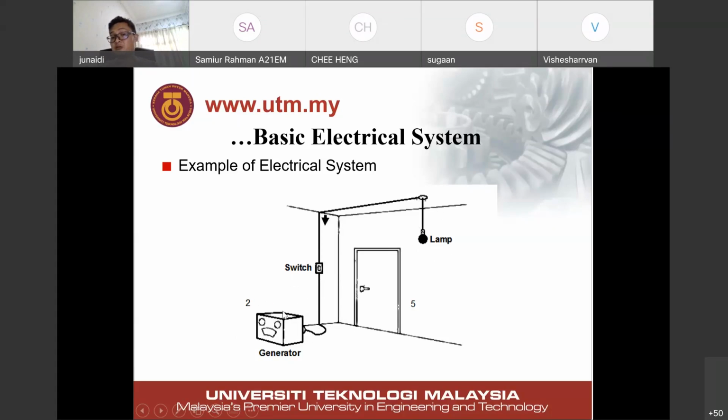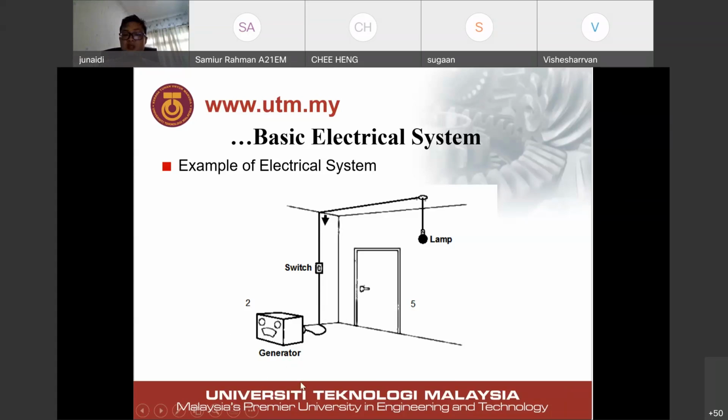But for me, it's a very basic electrical system that actually represents the whole complex system of electric power engineering. In electric power engineering, this generator should come from a synchronous machine, far away, might be from the hydroelectric Kenyir, or from Tanjung Bin plant, which is an electricity plant.